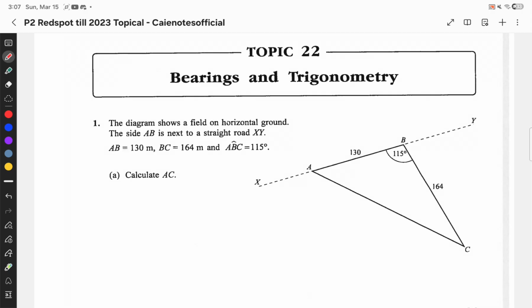Those three. But books just put together bearings and trigonometry, or bearings and loci together. Whichever you want to put together, it's mostly with trigonometry.